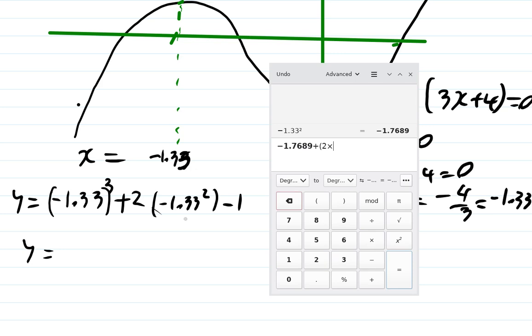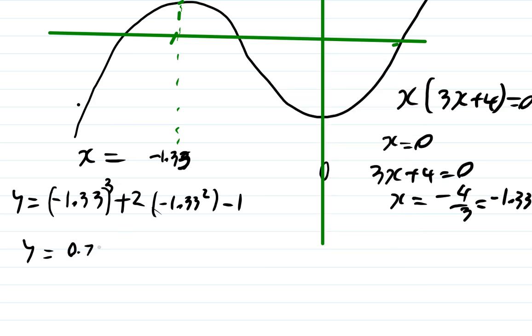The square should have been outside the bracket, but anyway, negative 1.33 squared is the same as 1.33 squared. It will become positive anyway, equals that, minus 1. So y would be 0.769. So one of the stationary points is at negative 1.33, 0.769.